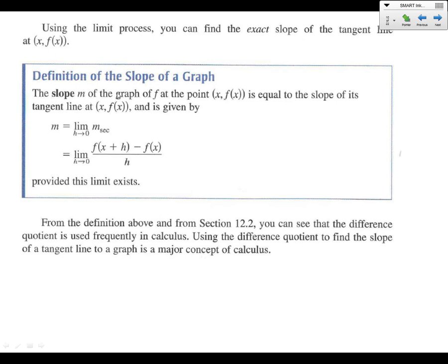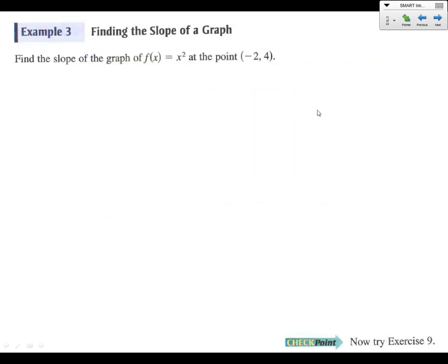So the slope of a graph, we can write it down right here. It's the limit as h approaches 0 of the, what is this? Look at this. This should look very, very familiar. This is the difference quotient. We've seen this a whole lot. So the slope of a graph at a certain point x is defined as the limit as h approaches 0 of the difference quotient. All right? So we're going to use this in a couple different problems here.